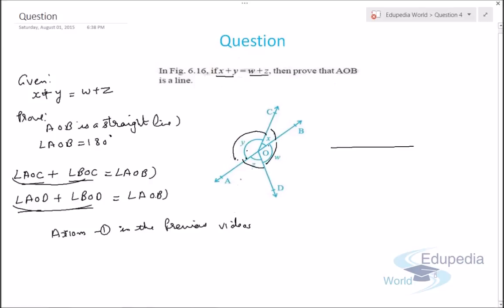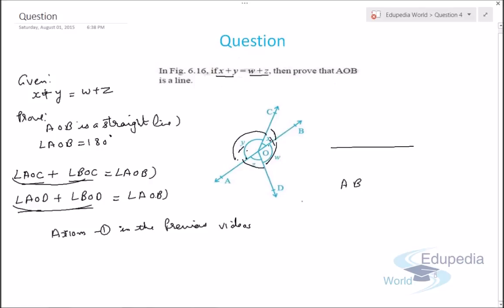That if we consider the line AB and these two are the adjacent angles, so if the sum of two adjacent angles is equal to the sum of two adjacent angles on the same line, so that line represents the straight line.